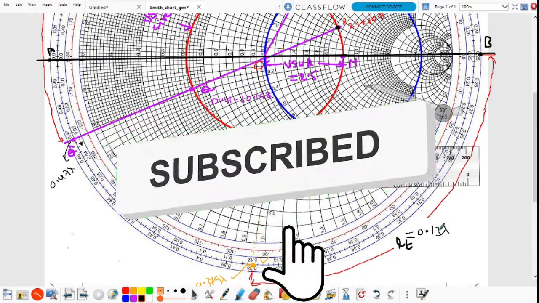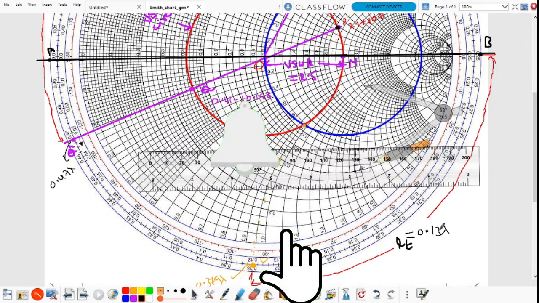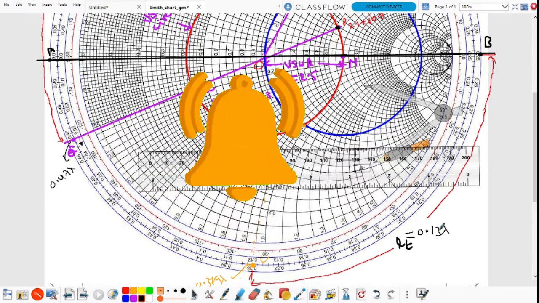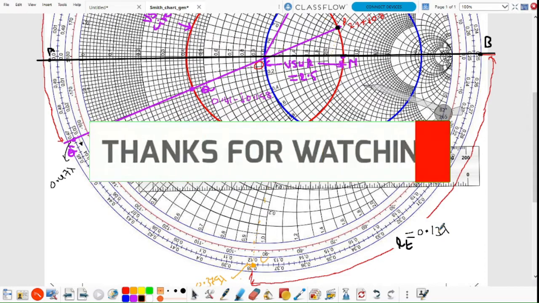So this is the procedure by which we can determine the location of the stub and the length of the short circuited stub from the Smith chart.